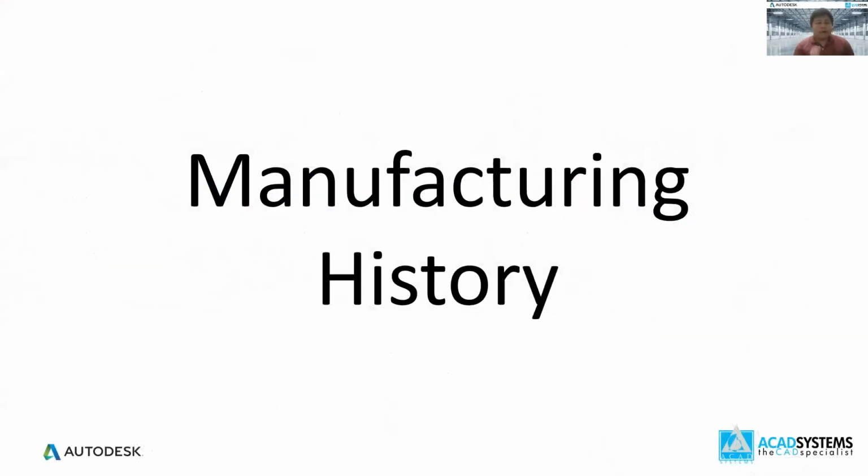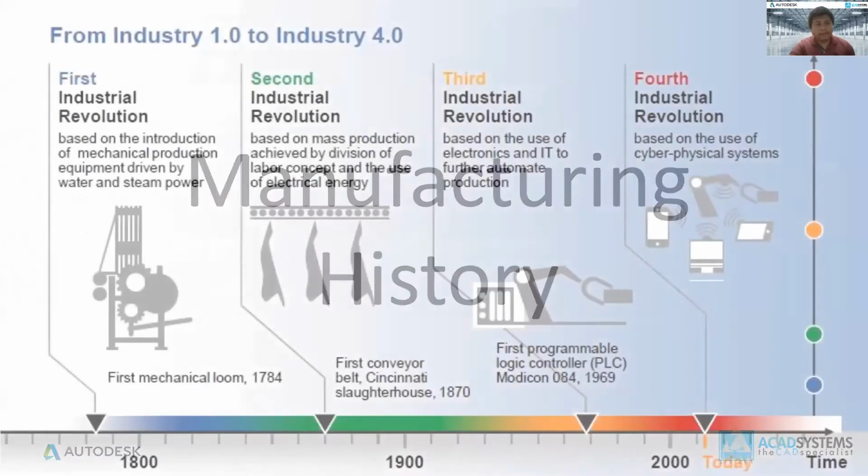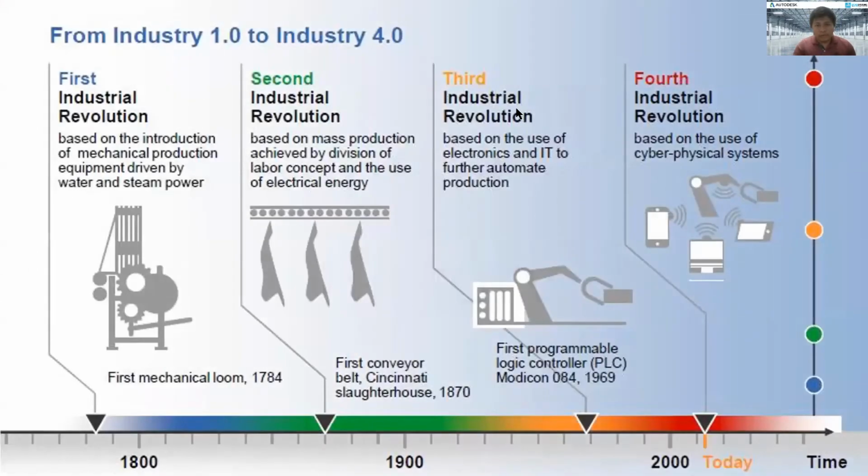This is the first thing we need to know about design workflow, the manufacturing industry itself. Right now we are quite famous for Industry 4.0, and people are talking about it.